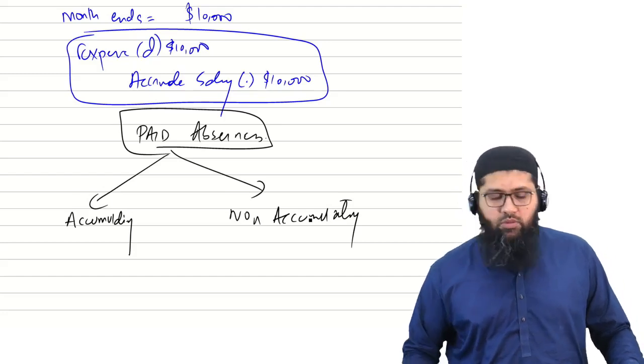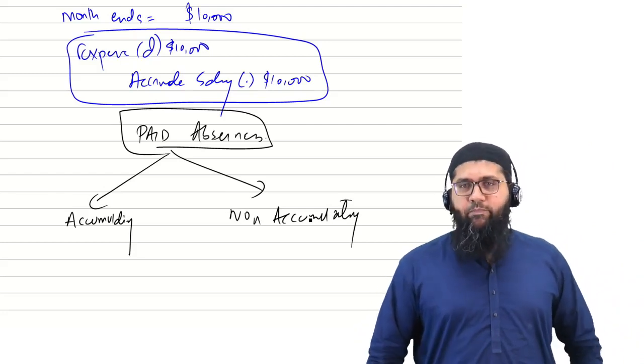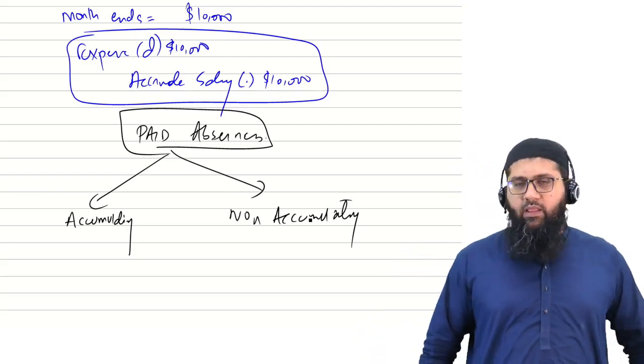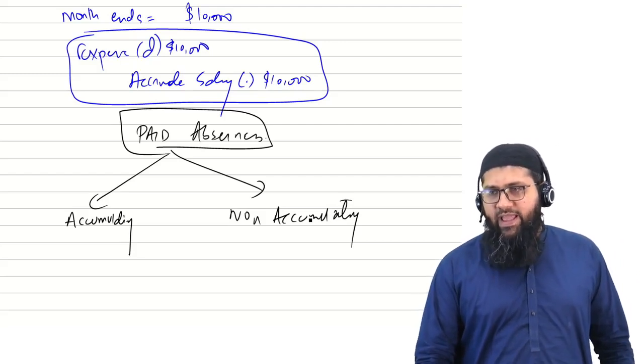Now, the paid absences could be accumulating, or the paid absences could be non-accumulating. What exactly do we mean by this?